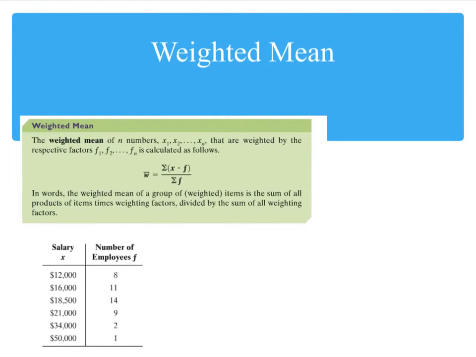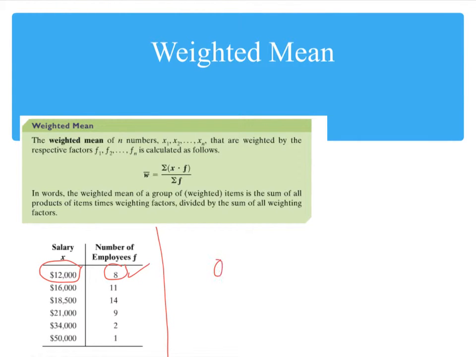Now, a weighted mean may be new for some of you. So to find a weighted mean, the difference with a weighted mean is that there is more than one item that has a specific value. So you can see in this table here, there's 8 employees that have a salary of $12,000. So what you're going to do is take X times F. I'm going to take 8 times 12,000, and I'm going to make a new column.